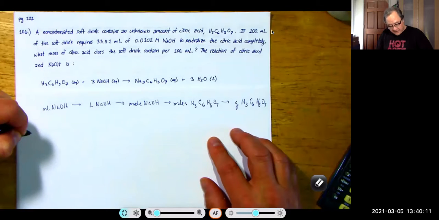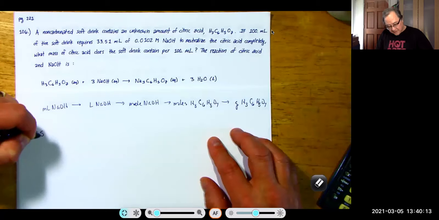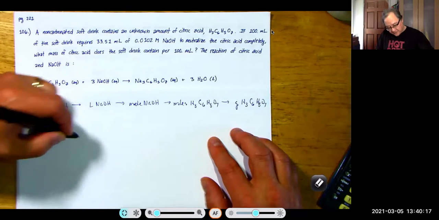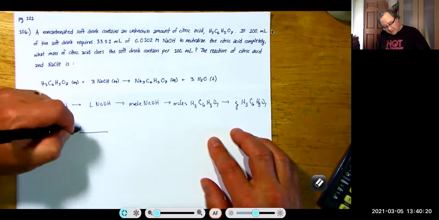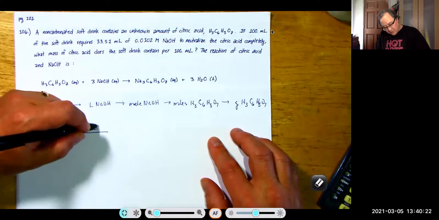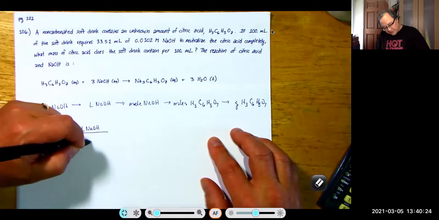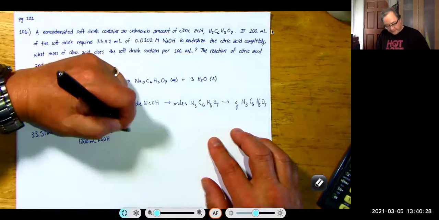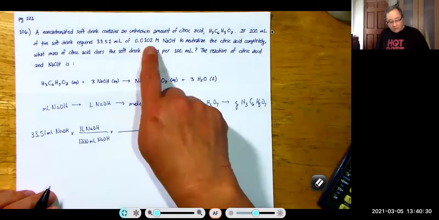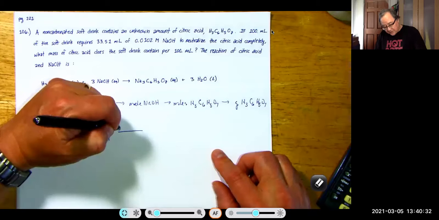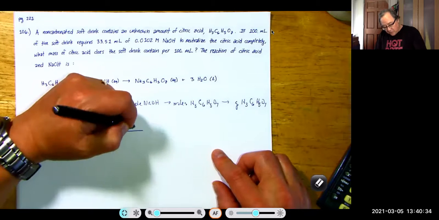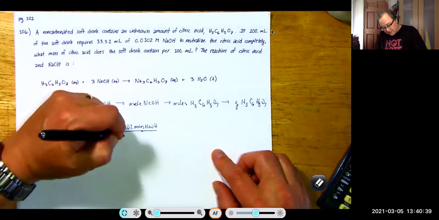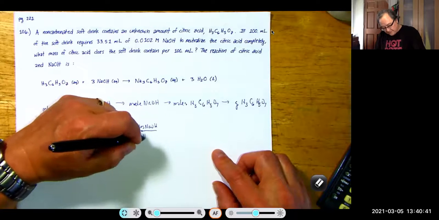We have 33.51 milliliters of sodium hydroxide times 1 liter of sodium hydroxide per 1,000 milliliters of sodium hydroxide. The concentration is 0.0102 moles of sodium hydroxide per 1 liter of sodium hydroxide.